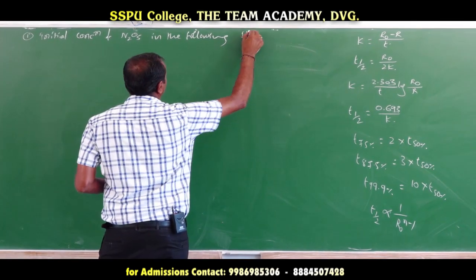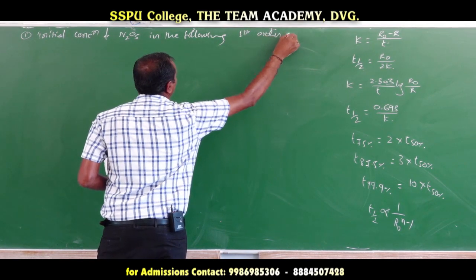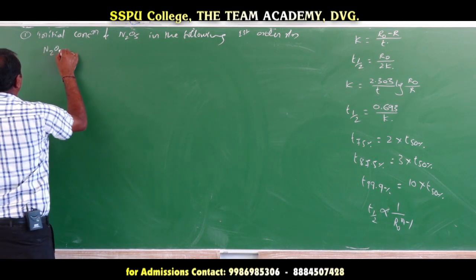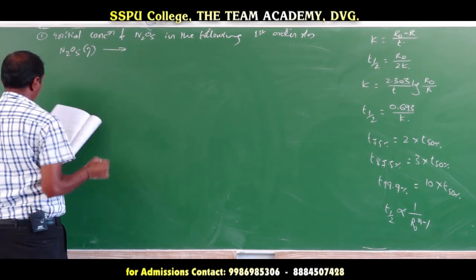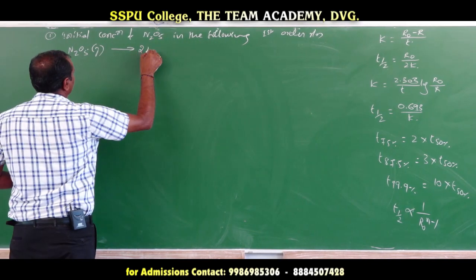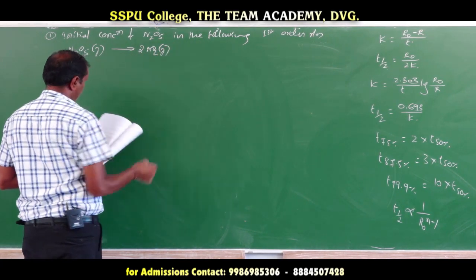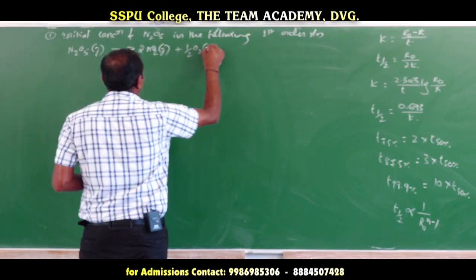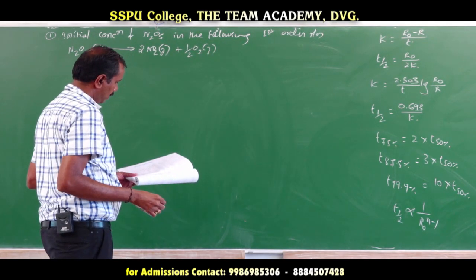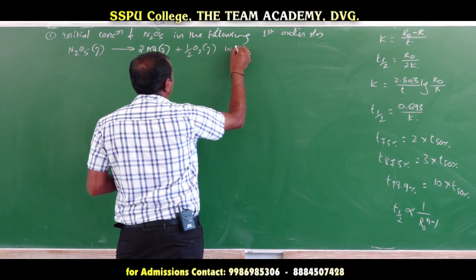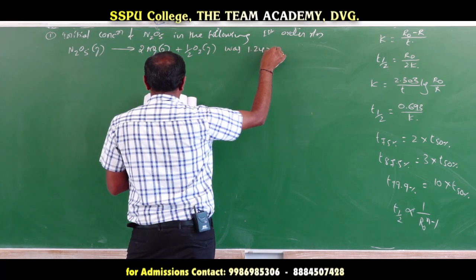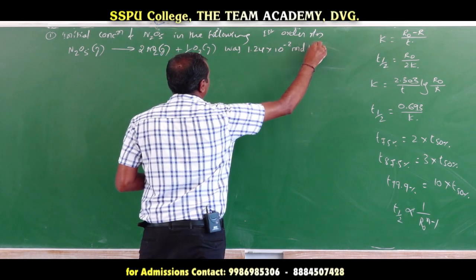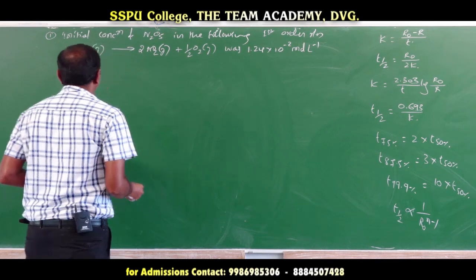First order reaction, that is N2O5 gas becomes 2NO2 gas plus half O2 gas. The initial concentration was 1.24 into 10 to the power of minus 2 mole per liter at 318 Kelvin.